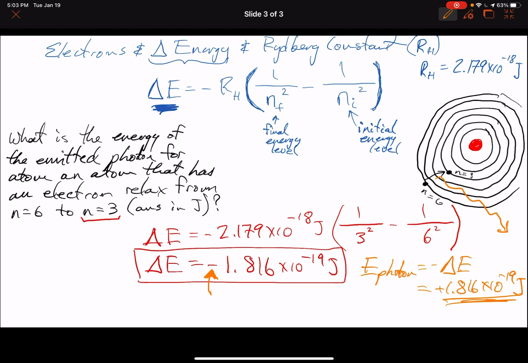When an electron goes from a low n value to a high n value, we need the energy of that electron to increase, so a photon will be needed there, and so we would need an energy input. So we would have a positive value on delta E and a negative value for the energy of the photon, representing the idea that we would have to apply that photon to do work on the atom.